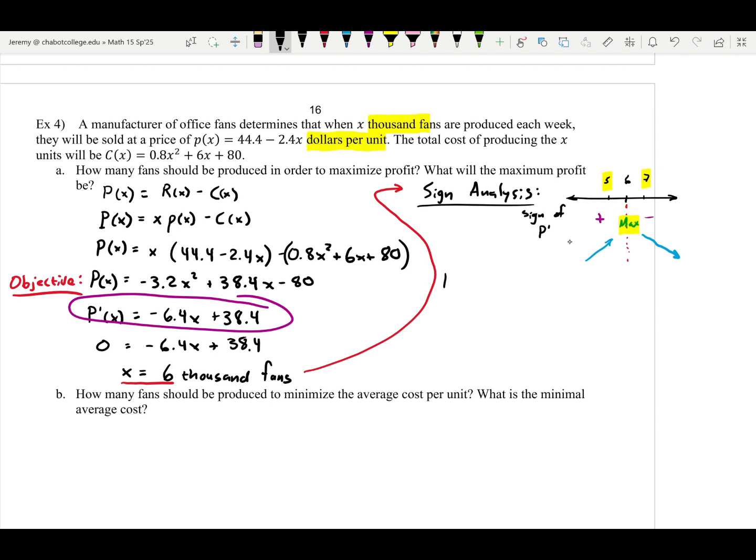So P of 6 is going to be negative 3.2 times 6 squared plus 38.4 times 6 minus 80. And I simplified that down to 35.2.